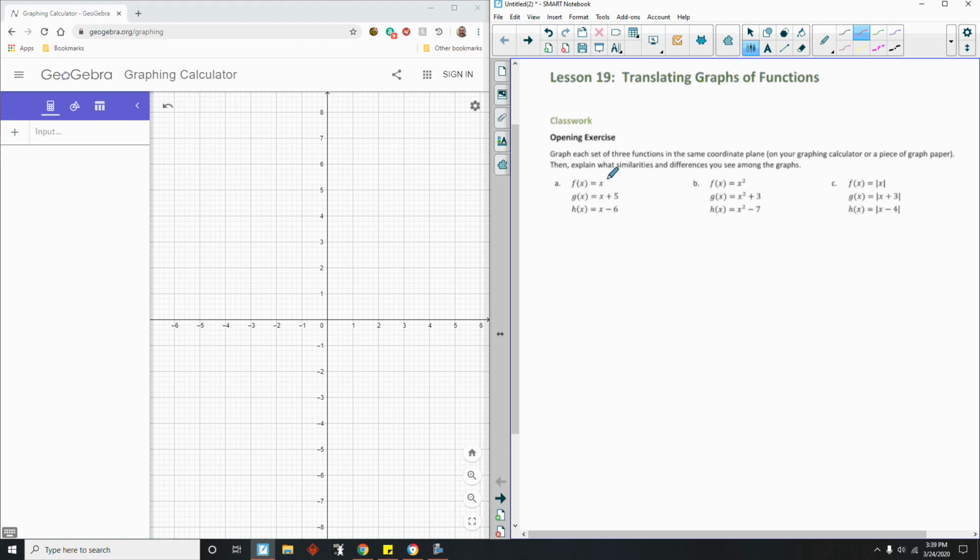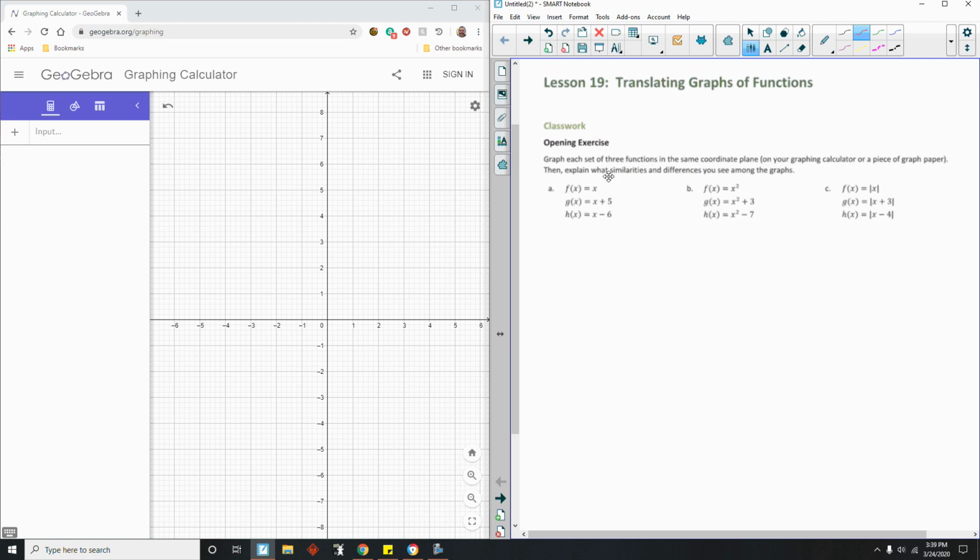this is linear, f of x equals x. So remember, if we have f of x equals, or y equals mx plus b, then this is my slope, and this is my y-intercept.